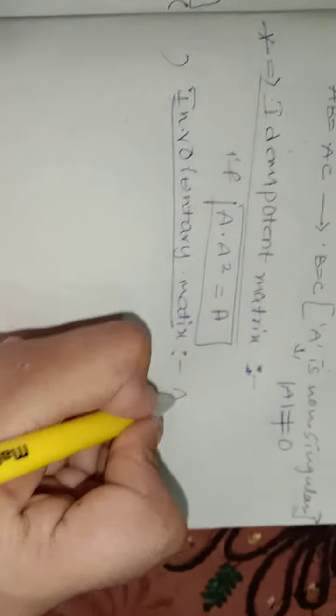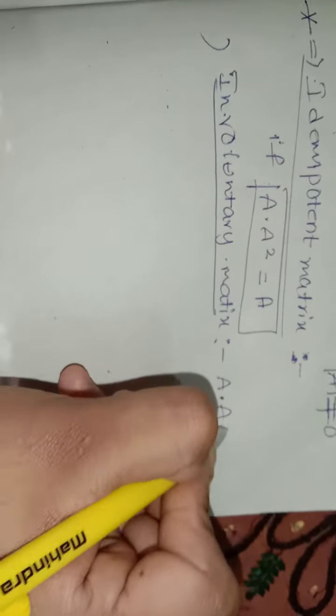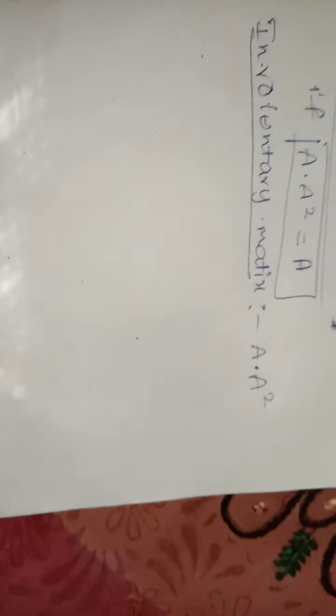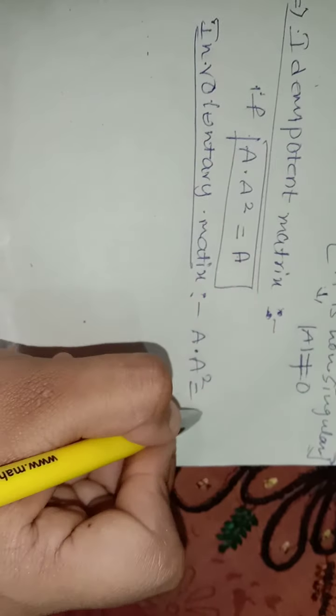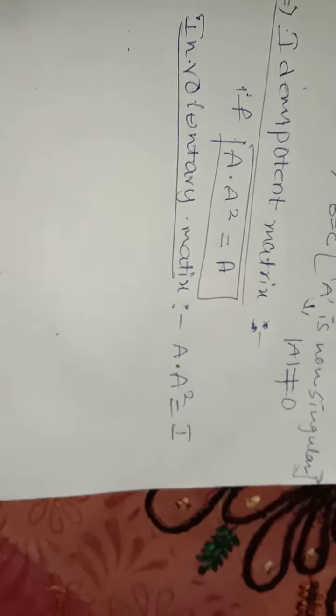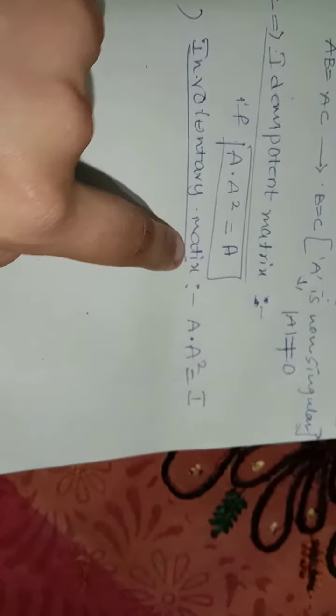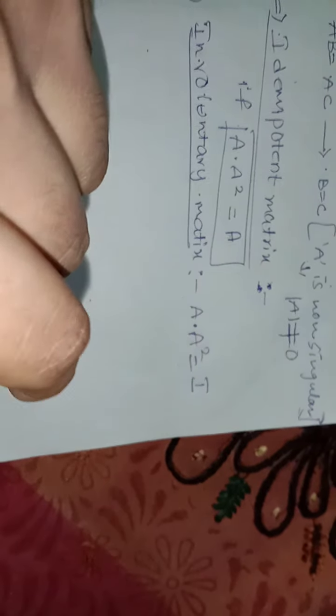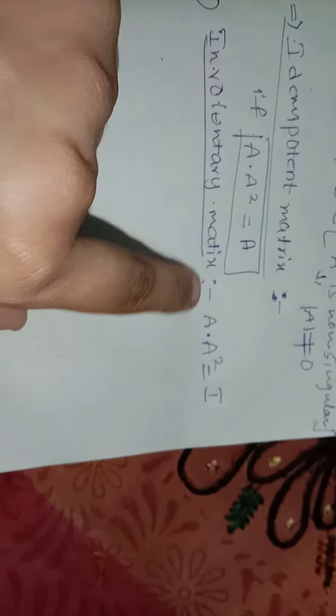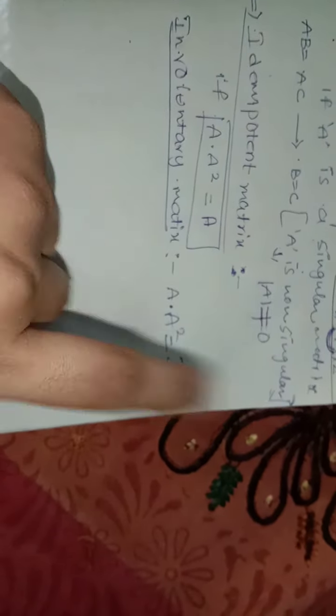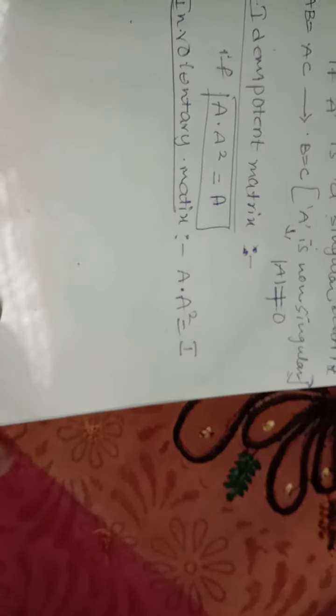If A is multiplied with the square of its matrix, then the resultant will be I, that is, the identity matrix. Okay, identity matrix. Here the resultant will be the same matrix, that is A, and here the resultant will be I, that is, the identity matrix. Okay.